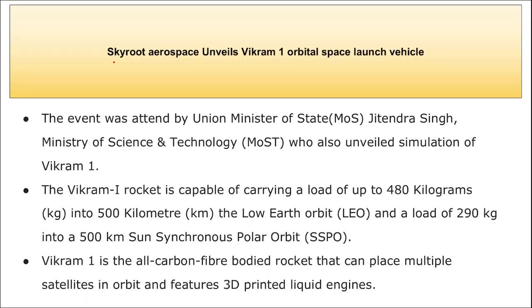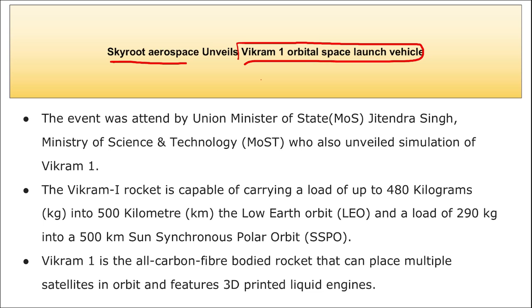Moving on, Skyroot Aerospace has unveiled the Vikram 1 orbital space launch vehicle. I repeat, recently Skyroot Aerospace has unveiled Vikram 1, an orbital space launch vehicle, at their newly inaugurated headquarters, that is the Max Q campus, located at the Aerospace and Industrial Park in South Hyderabad, Telangana.